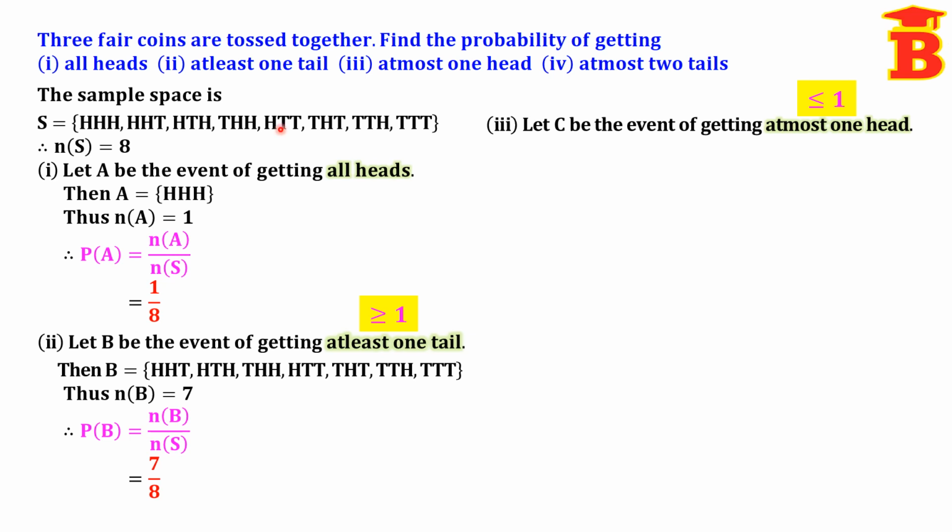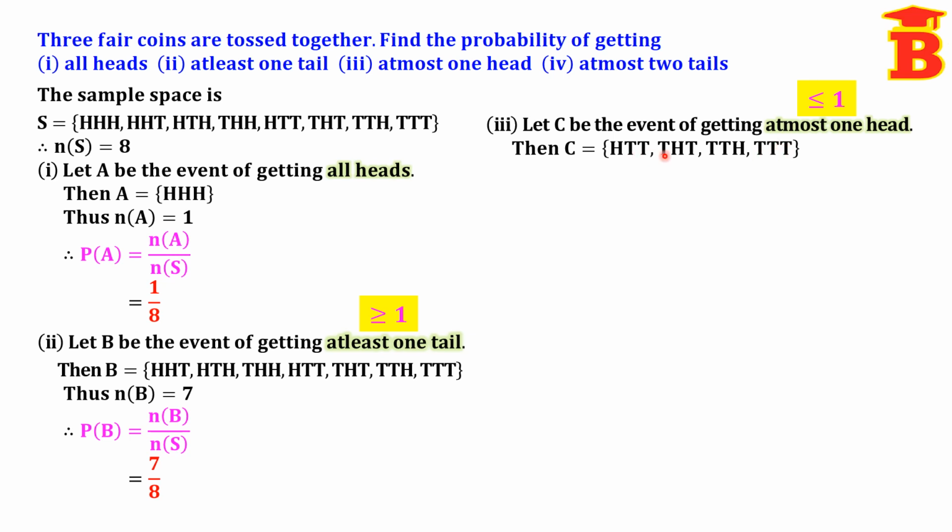First see one head possibilities: HTT, THT, TTH. And then no head, that is TTT. So we get C equal to HTT, THT, TTH, TTT. So here we have one head and no head, that is TTT.